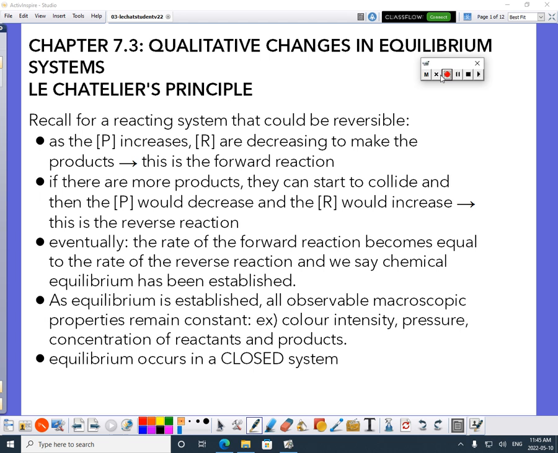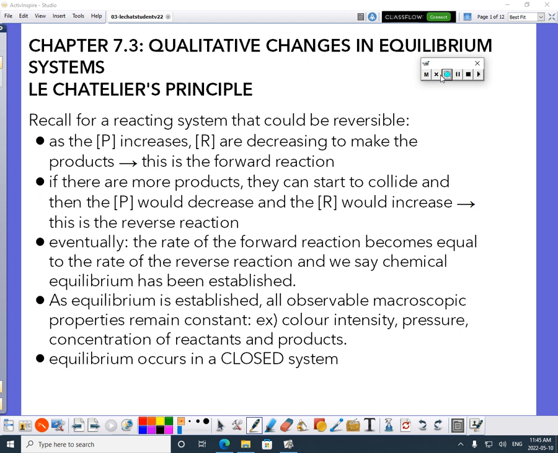You may have talked about how this affects the environment in grade 9 or grade 10 science, ecology, and then climate change. Today we're going to look at what happens when you change factors that you can manipulate using chemistry. So we're going to do concentration, temperature, and pressure and volume.